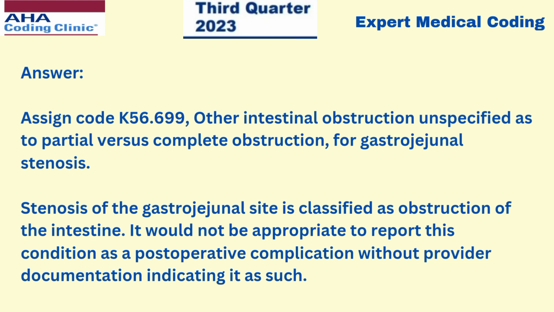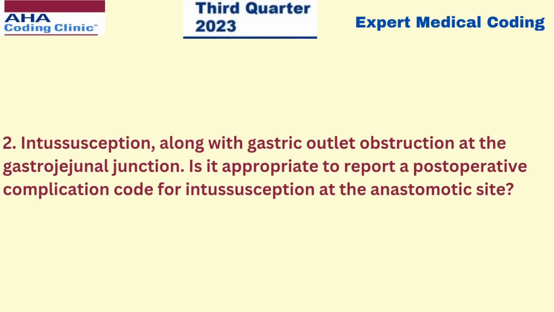Let's move to the next coding clinic. The next coding clinic is intussusception along with gastric outlet obstruction at the gastrojejunal junction. Is it appropriate to report a post-operative complication code for intussusception at the anastomotic site? Now let us begin with the scenario.